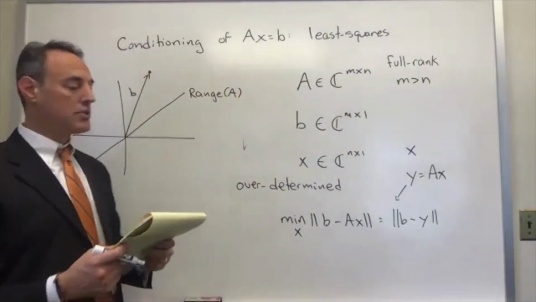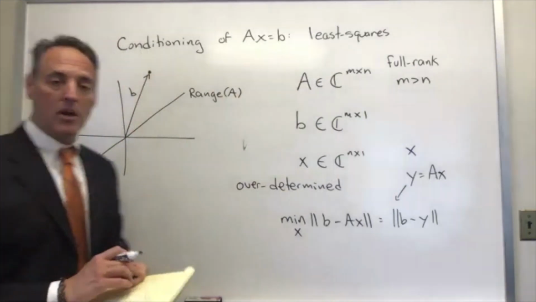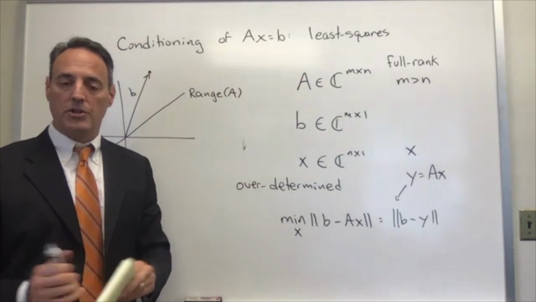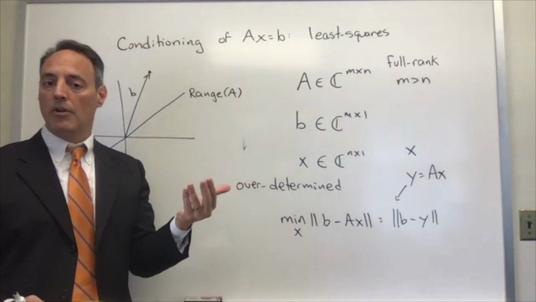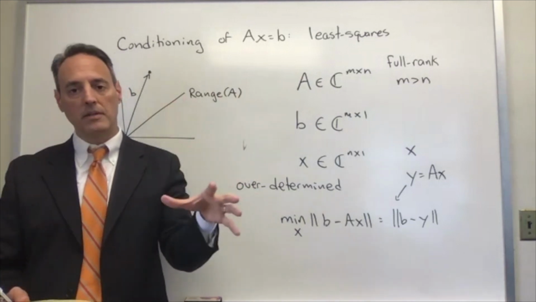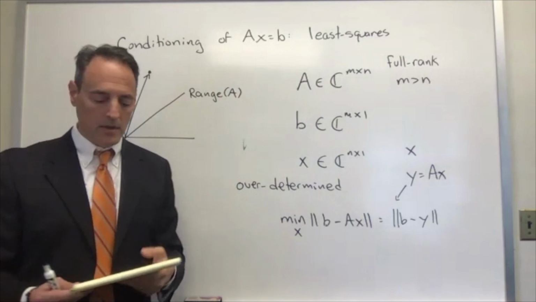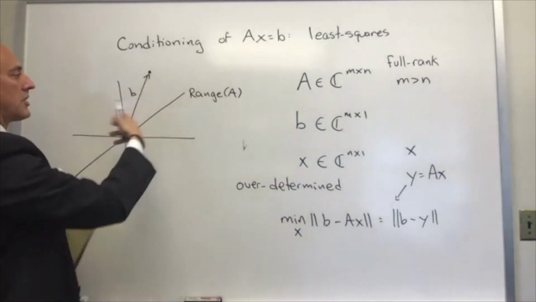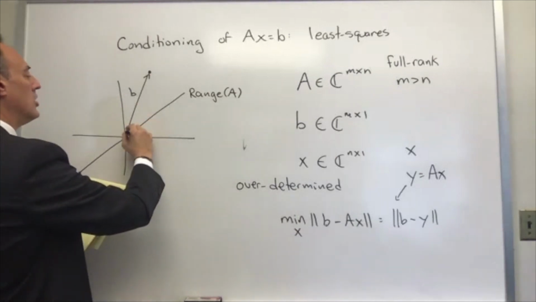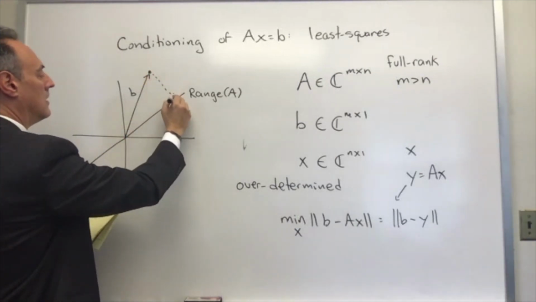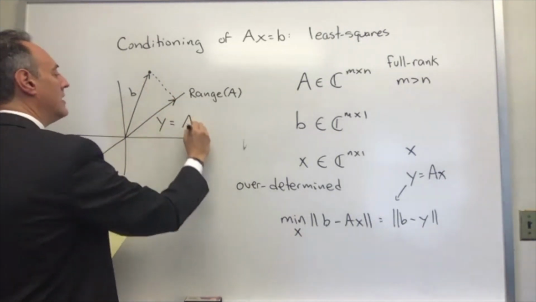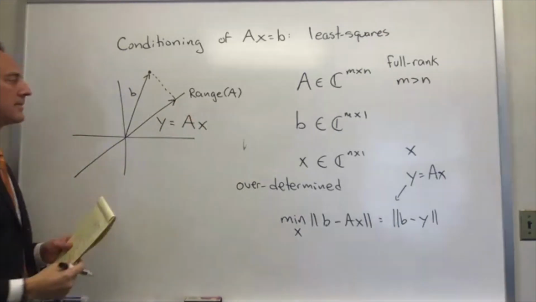And so what I want to do is start thinking about what we've been talking about this whole time, which is this idea of projectors. This is what we spent a lot of time talking about with the QR algorithm, in terms of building projectors, because that's how we did Gram-Schmidt orthogonalization. And so what we're going to say is, what is the projection of this B onto the range of A? That's going to be the vector y. And the vector y is A hitting x.